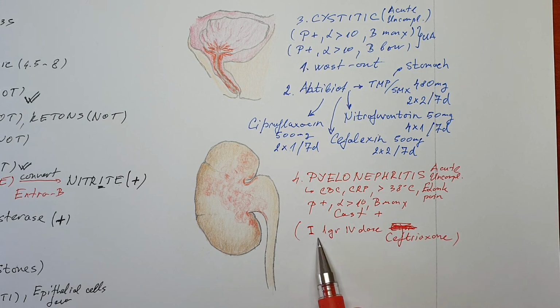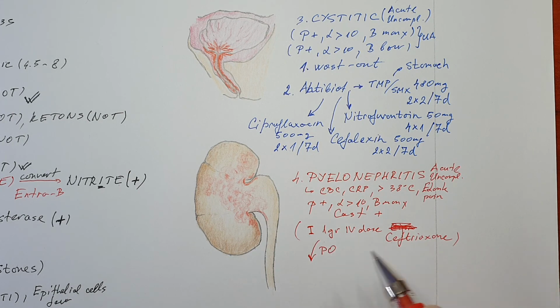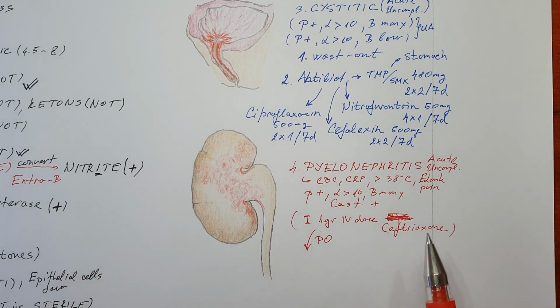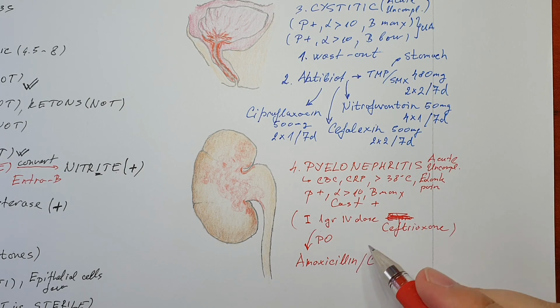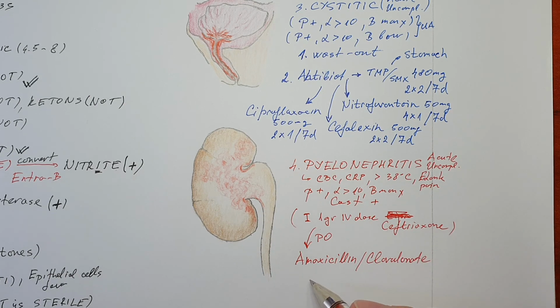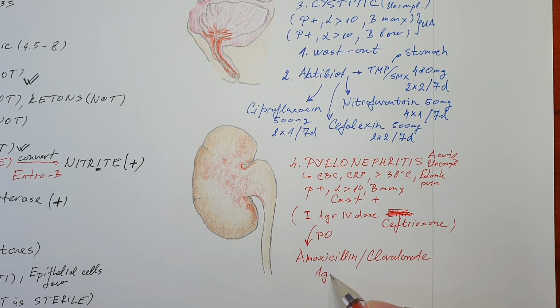You could give the patient only 1 intravenous dose of the antibiotic and then continue per oral treatment, for example, with amoxicillin clavulanate. The tablets have 1 gram in them.